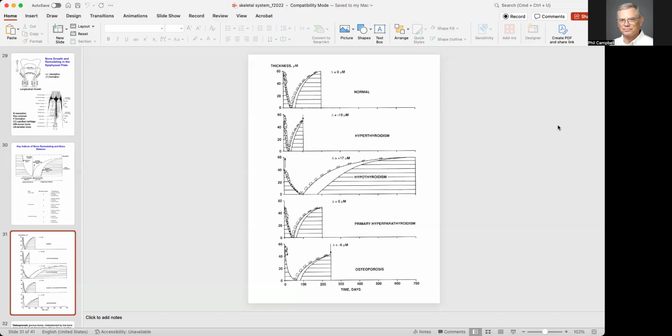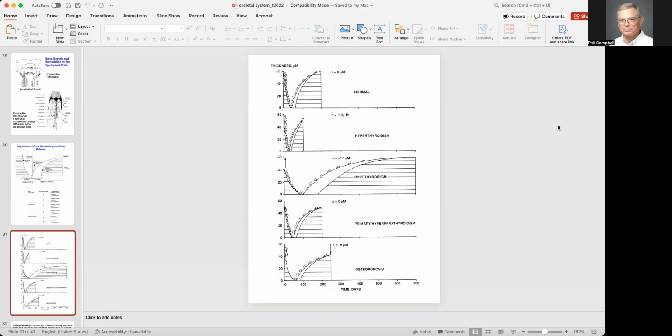Total bone mass. Now, what happens in hyperthyroidism? Remember your endocrinology. Hyperthyroidism means that your thyroid is overproducing thyroid hormone. One of thyroid hormone's jobs is to speed up metabolism.